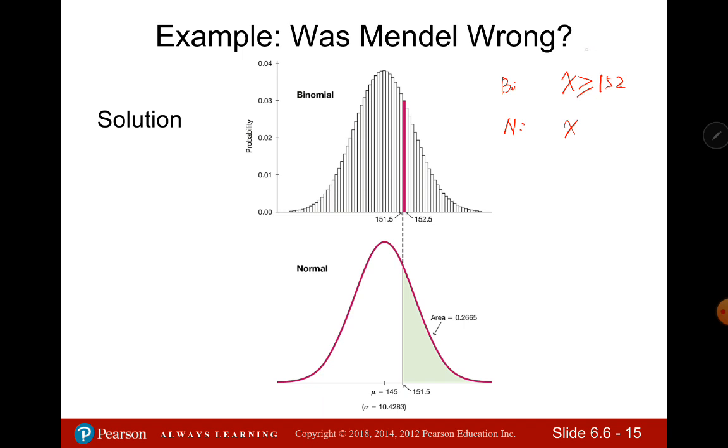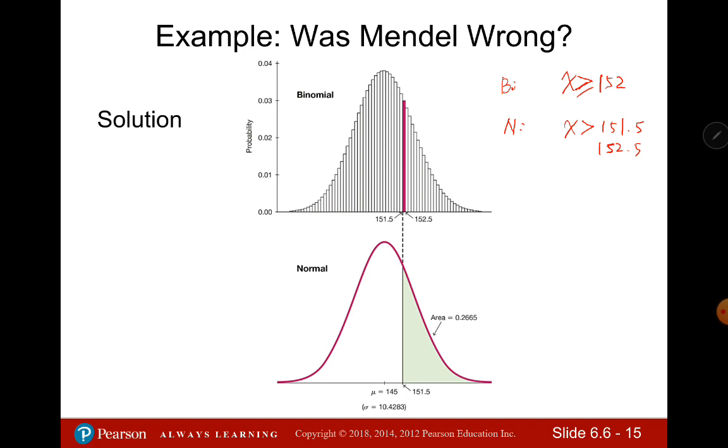If it's just x equal to 152, then we just transfer it to the interval 151.5 to 152.5. But this time, x is already not a single value. So we should get x greater than a value after the correction. But is it 151.5 or 152.5? Which one should we pick? It's minus 0.5 or plus 0.5.